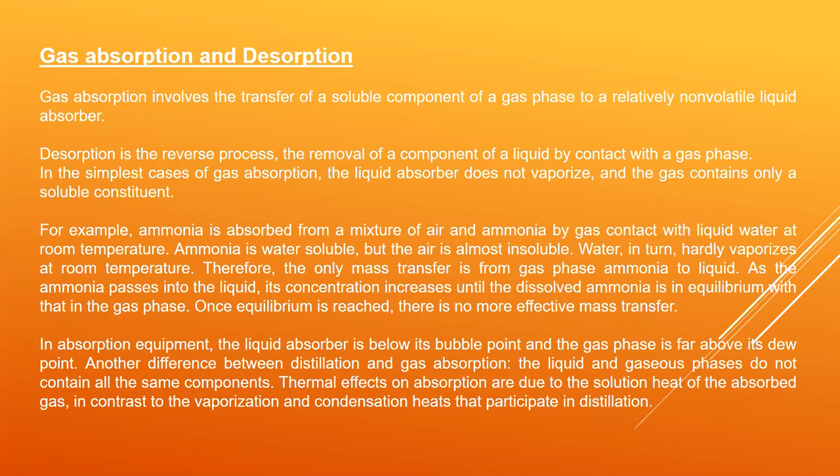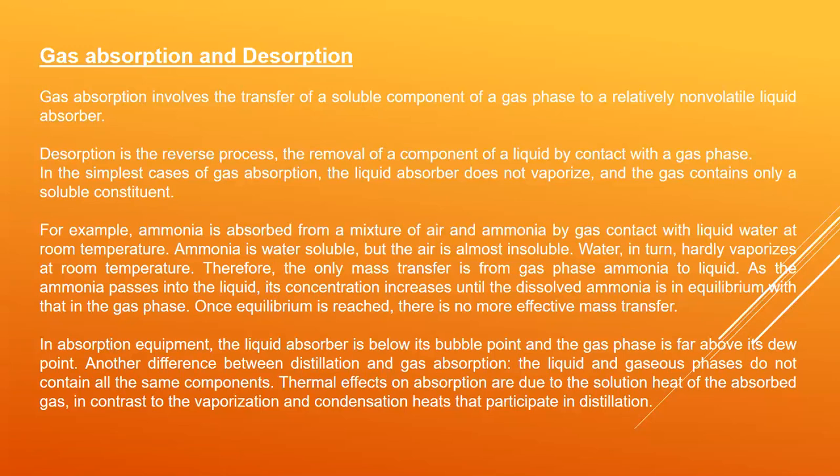So your liquid absorber in the case of gas absorption acts as a solvent, and the component of the gas is the one that is being taken out by this particular solvent. Now, desorption is the reverse process I have mentioned already, the removal of a component of a liquid by contacting that particular liquid with a gas phase. So this time, it's your gas phase that is acting as a solvent and your liquid phase as being the source of the component of interest.